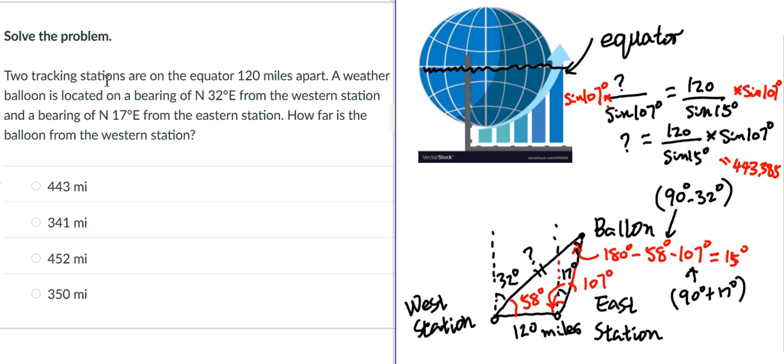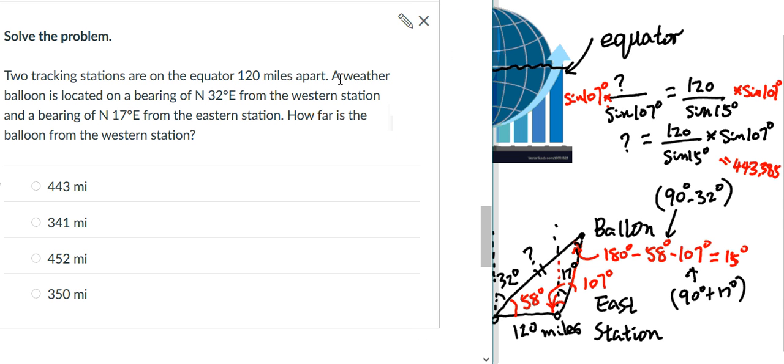So two tracking stations are on the equator means one station is here, another one may be here or somewhere. 120 miles apart. So if this is one point and this is another point, then they are 120 miles apart. Okay, that's the meaning of the first sentence.